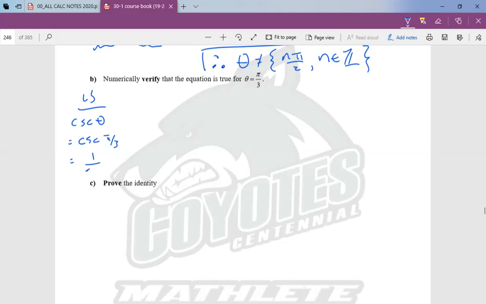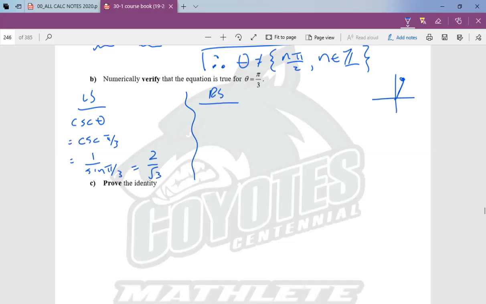It's 1 over sine pi thirds. And when we think of pi thirds up here, that sine value is root 3 over 2. We have the reciprocal of that, so it's 2 over root 3. Let's leave it there for a moment.